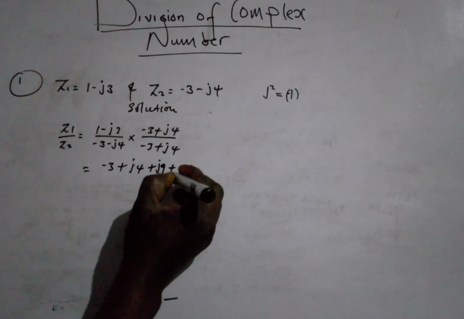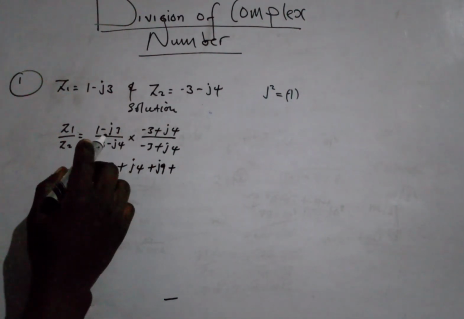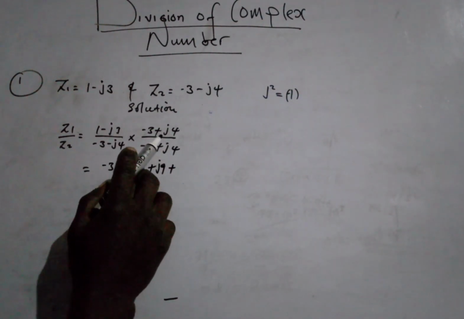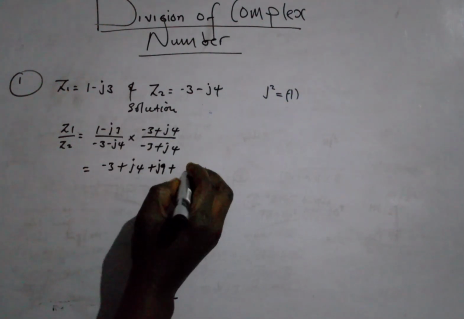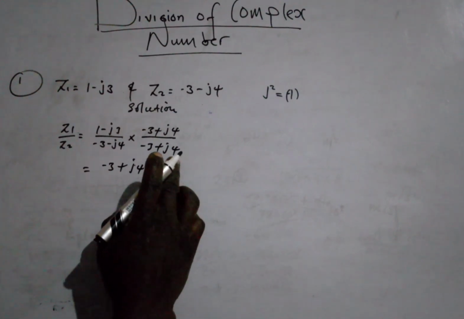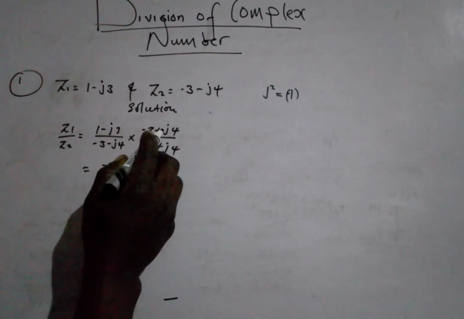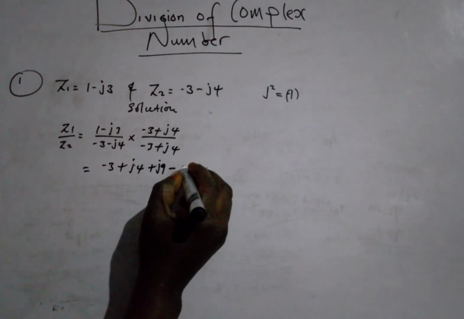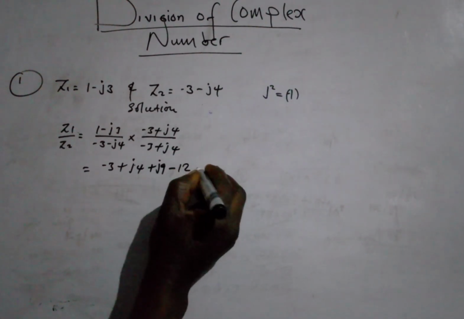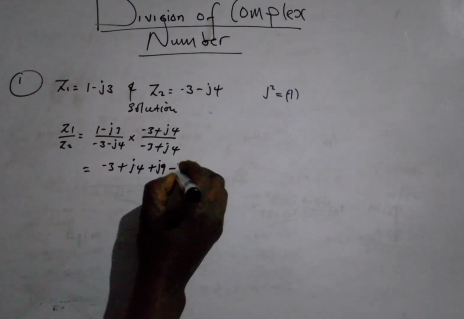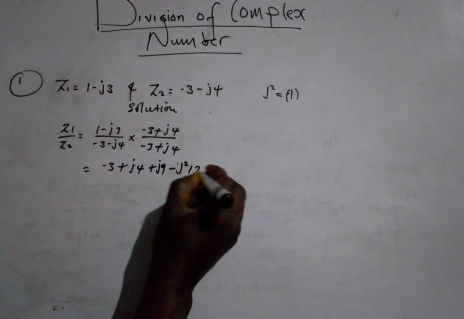Then negative i3 times i4, you are going to have minus, because negative and positive gives minus, i squared 12.